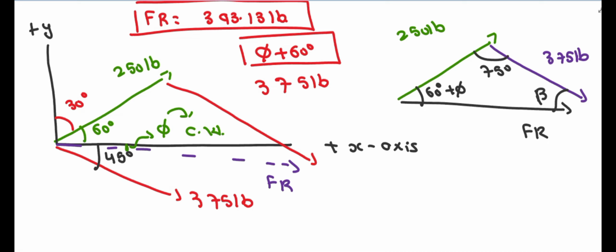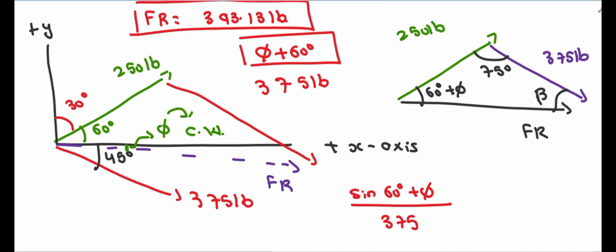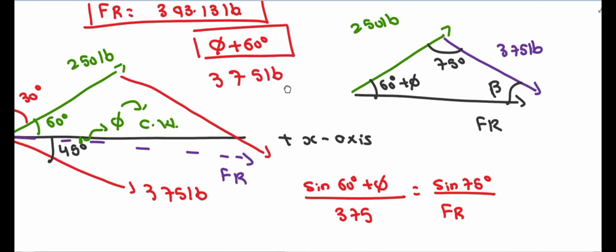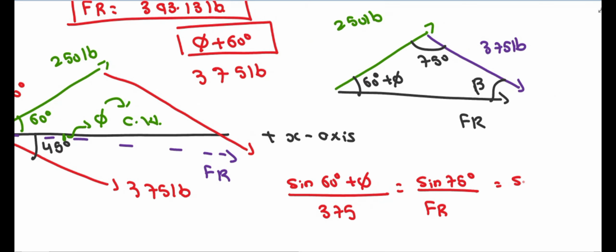So apply the law of sines here to find the value of phi. The law of sines says that sine of 60 degrees plus phi, the opposite side being 375, is equal to sine 75 degrees, the opposite side being FR, which is equal to sine beta, the opposite side being 250.